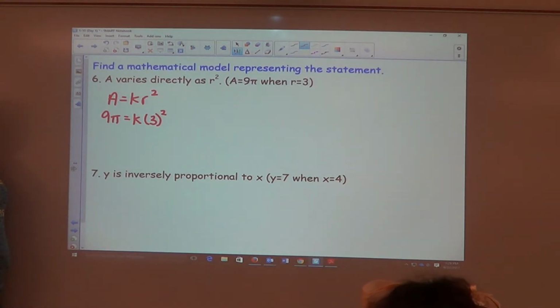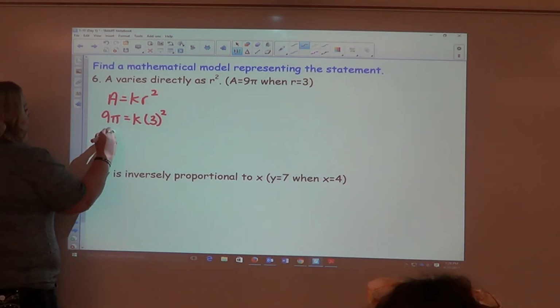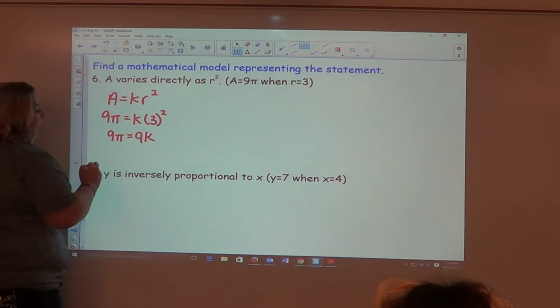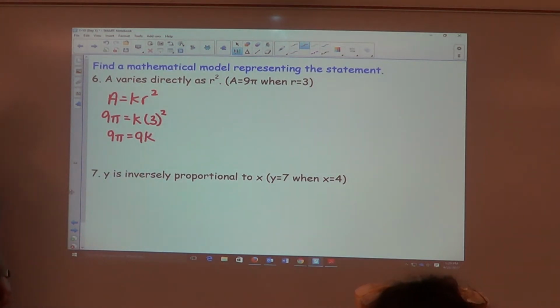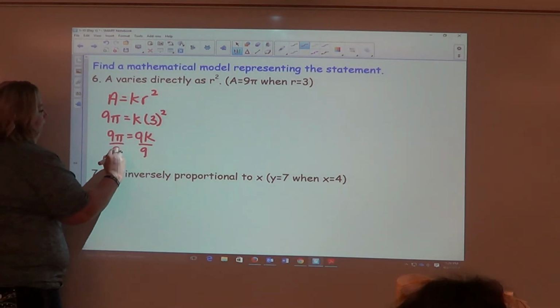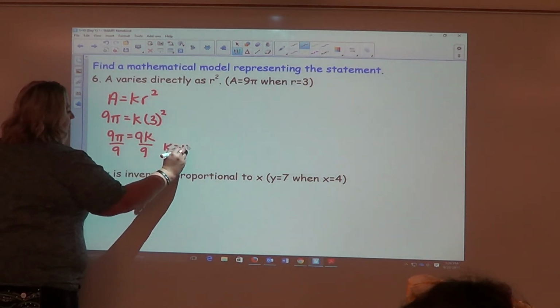Okay, what's 3 squared? So I would have 9 pi equals 9K. And then how would I solve for K? Divide by 9, so K equals pi.